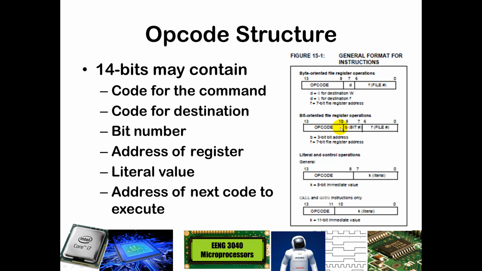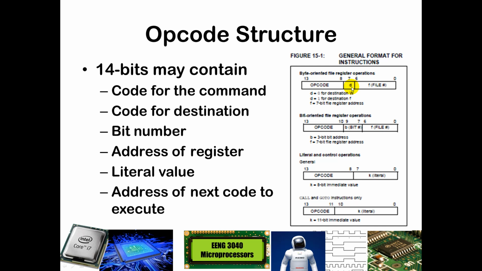If you have bit-oriented commands, then it's just 10 through 13. If you have literal commands, then you have 8 through 13 for the opcode. And if you have things that skip, like calls and gotos, the opcode itself for the command is 11 through 13. And then in the case where the results go into a destination of either W or F, you have a bit there.